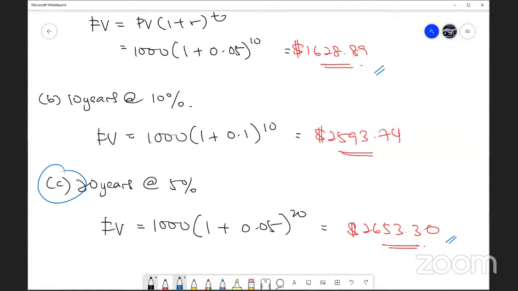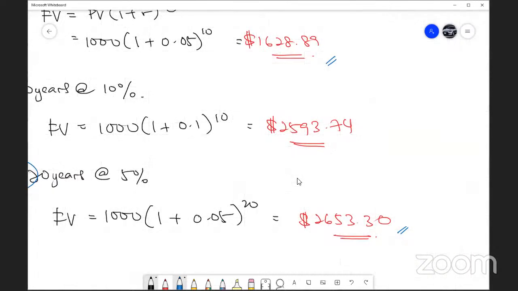Okay, they are talking about the interest. All right. So if you talk about interest, A is 628.89 because you minus 1000. This one is 1653.3.